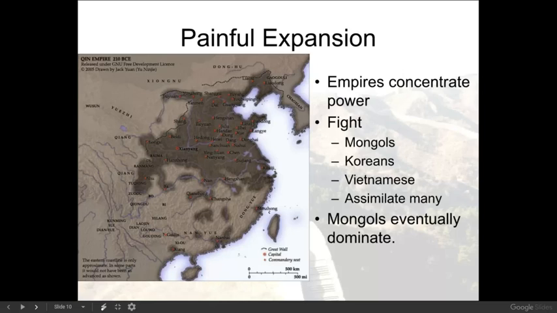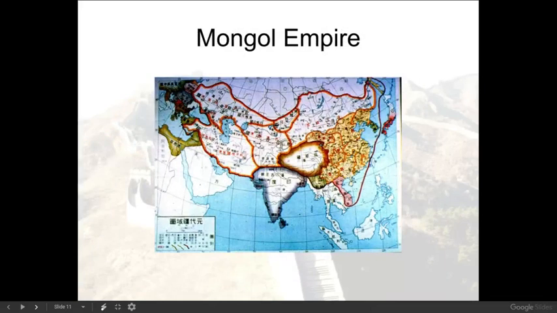The only one of these people that got the best of the Chinese would be the Mongolians. The Mongolians are the only ones that managed to, at one point or another, conquer China.